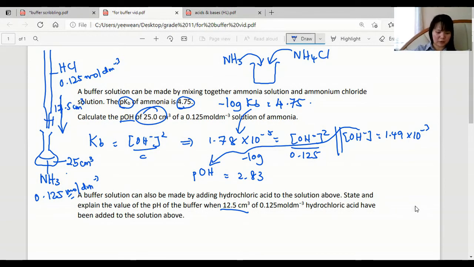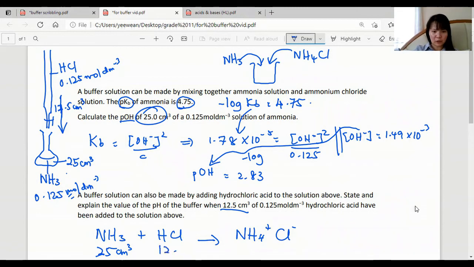Okay, so what's the mixture going to contain? We have ammonia plus HCl. We're going to get the salt. And we have 25 cm³. They have the same concentration, so I'm treating the volume as if it's mole already. The mole ratio is the same here.